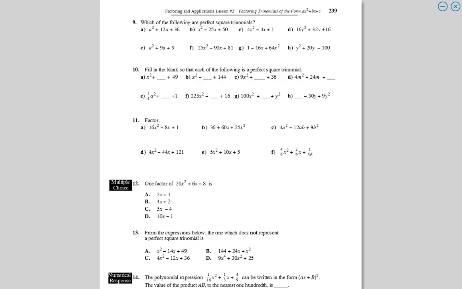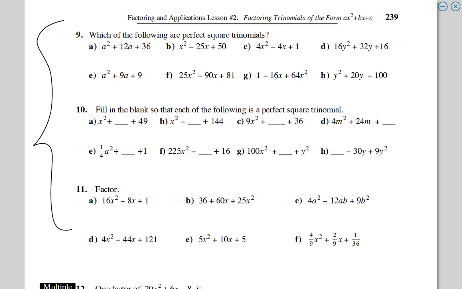So 7 should already be done. It looks like the perfect squares are 9 to 11 in the homework. So everything up to 9 should be somewhat partially done. You've given it an honest try. You don't have to do everything, but you should try your best. So you've got about 15 minutes to do 9, 10, and 11. I'll walk around and help. And then we'll take up some of the next lesson after this.